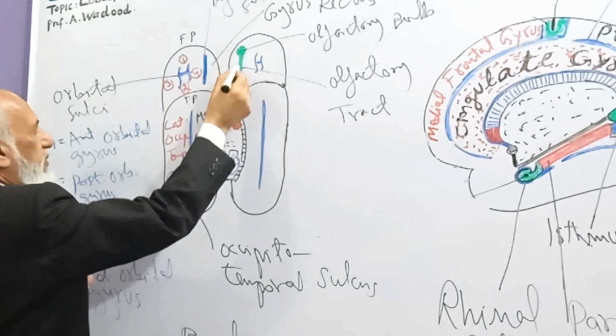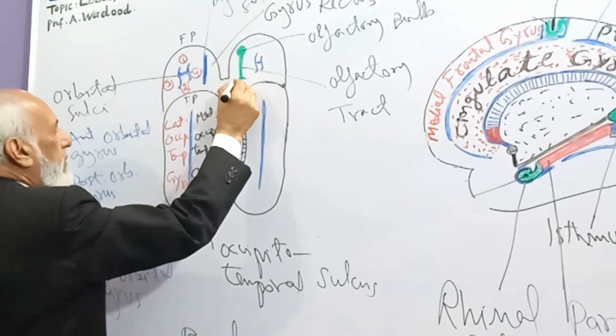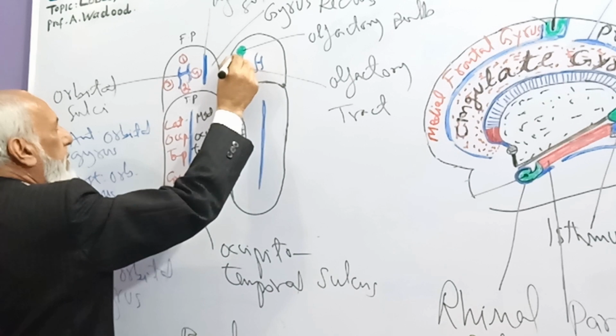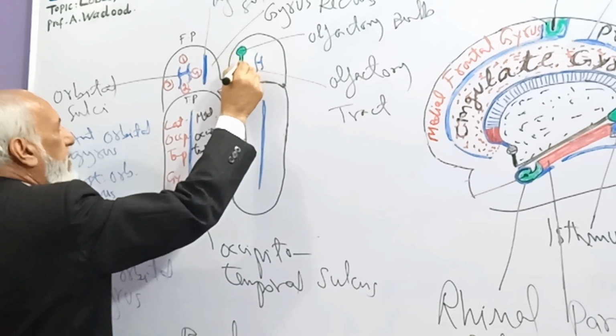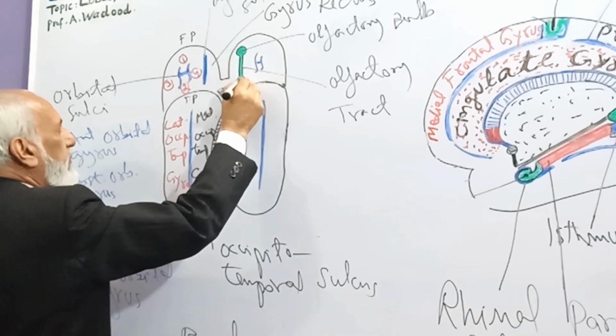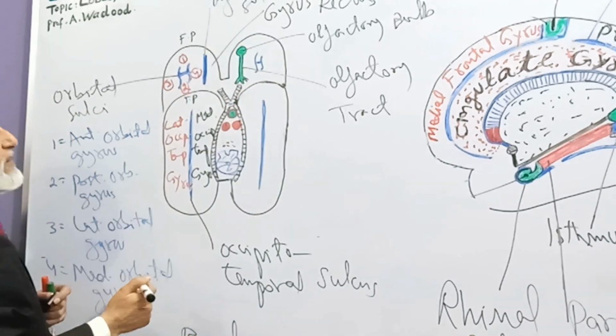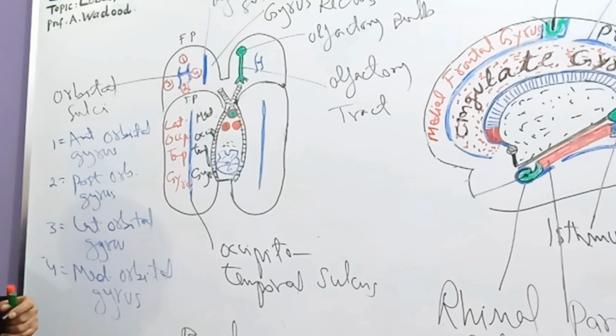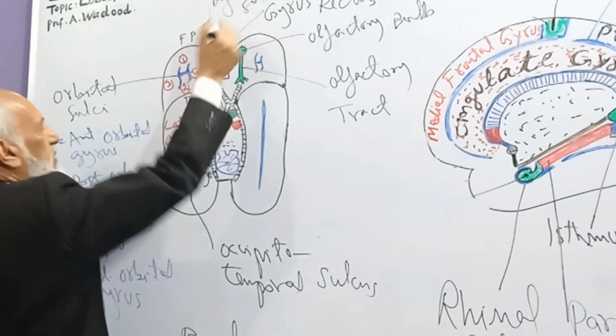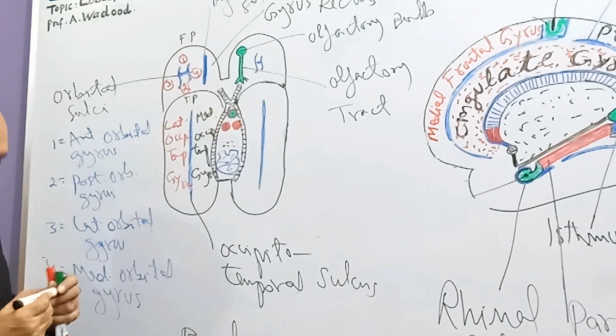So the olfactory sulcus is obscured, hidden by this part of the olfactory system which belongs to the sense of smell. If you remove this olfactory bulb and tract, then we will be able to see this sulcus known as the olfactory sulcus.